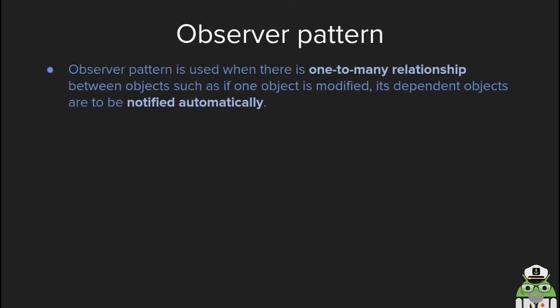Let's talk about the observer pattern. This is the basic concept of RxJava you have to understand. In the observer pattern, let's say you have one object and all the other objects depend upon it. If this object is modified, then the dependent objects should get notified automatically.